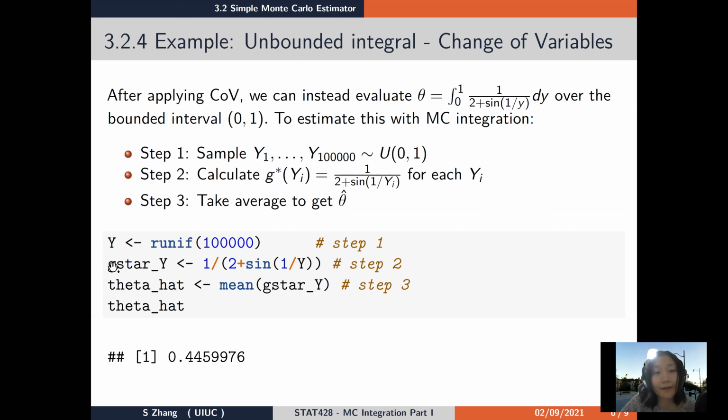So let's create a vector called g star of y, and that's equal to 1 over 2 plus sine of 1 over y for each of the y's inside the y vector. In step 3, we take the average and get our theta hat. In this case, we do mean of g star of y, and theta hat is approximately 0.446.